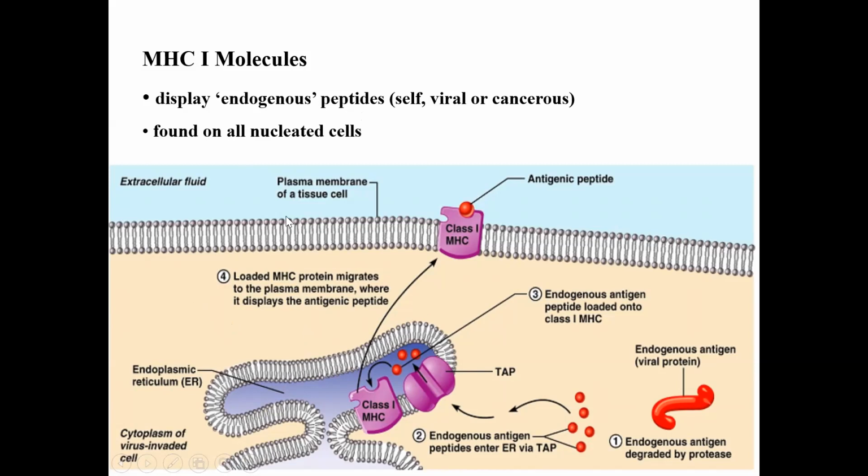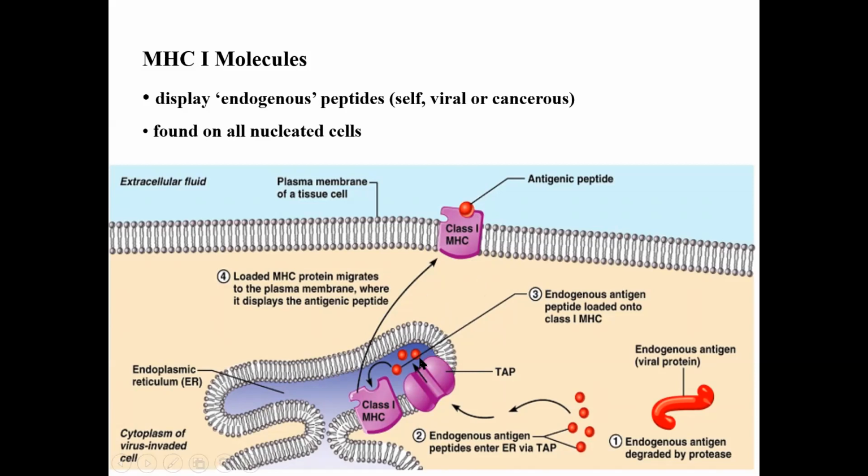So in this case, it is an endogenous peptide. MHC1 can only bind to the endogenous peptide. This endogenous peptide can be normal or abnormal. Let's say if you digest a cancerous protein, then you're going to have a peptide fragment from the cancerous protein.